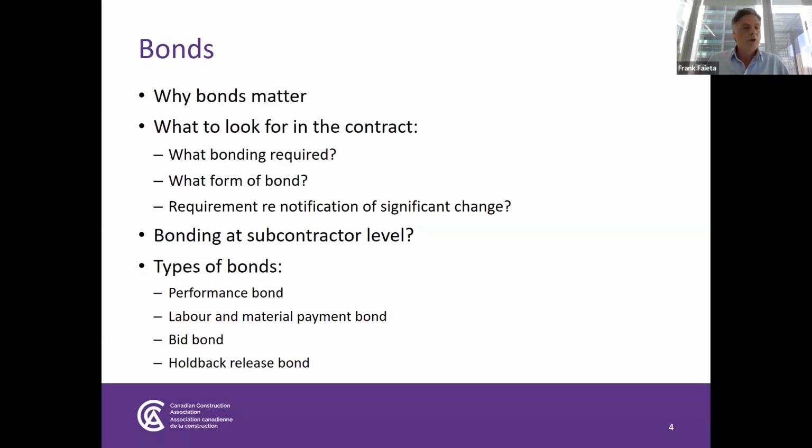If you've got a key subcontractor who, for whatever reason, is not performing, you want to keep that job moving. The last thing you want to do is have things stop. So I'd encourage, if there's a requirement for subcontractor bonding, that you look at some of the forms that are available out there that are really better products specifically for subcontractors.